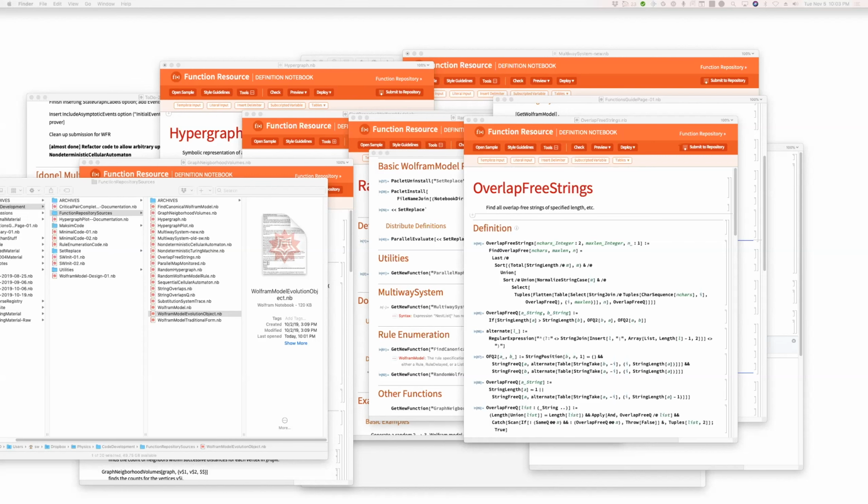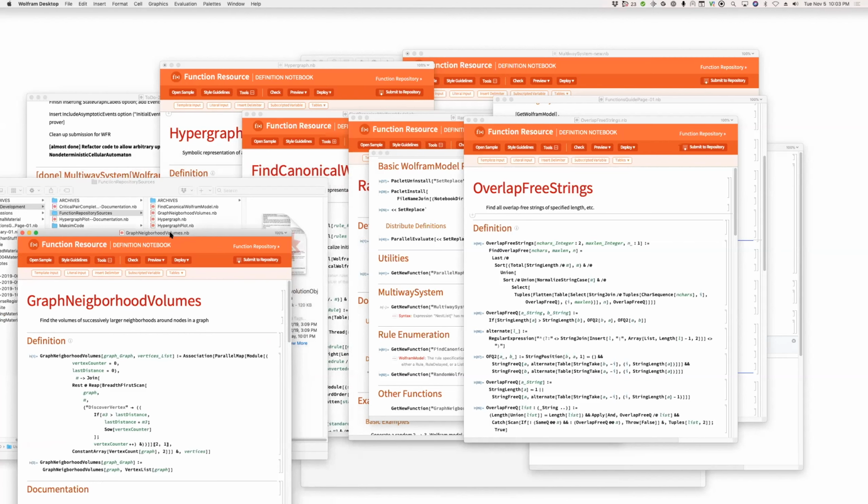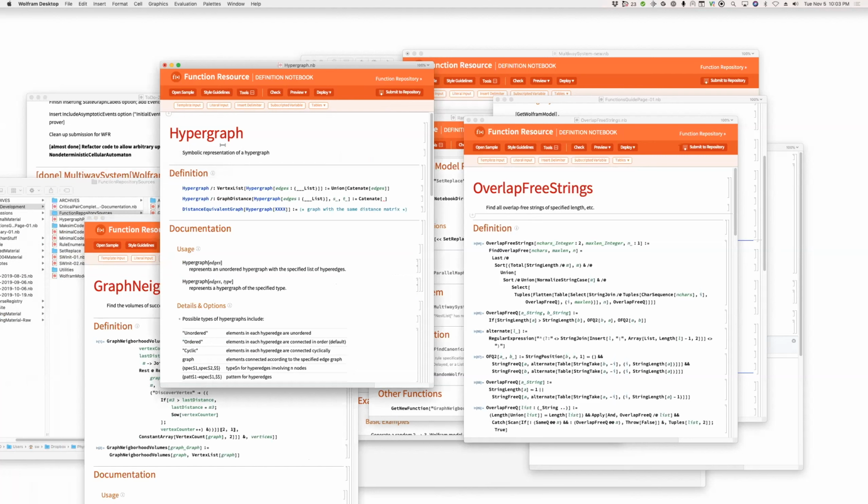I mean, the more general problem is there are a lot of these things that are integrated with each other, and it's not clear how they're supposed to work in the function repository. That is, if function repository functions load the package when they're first used, then there would be a normal function which comes from loading the package, and there will also be function repository objects.